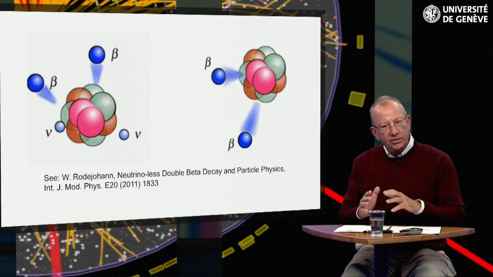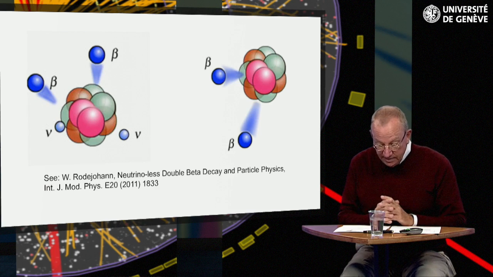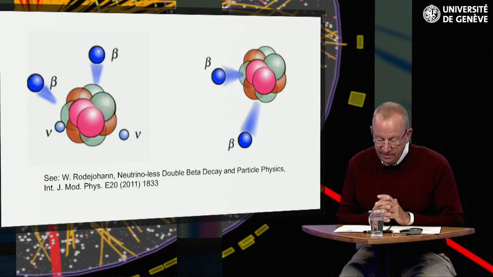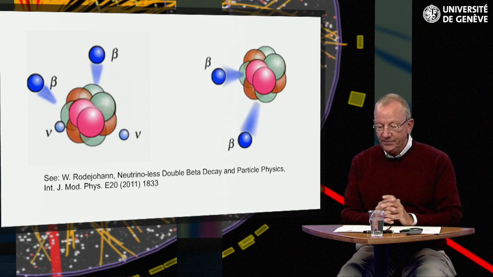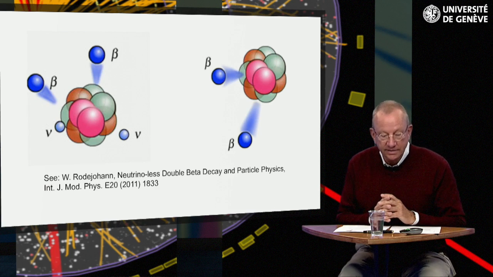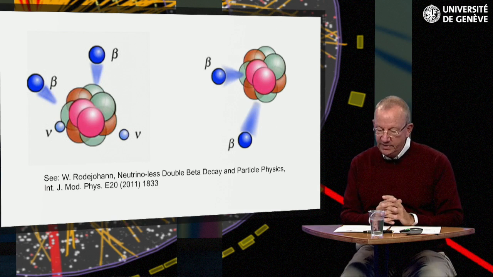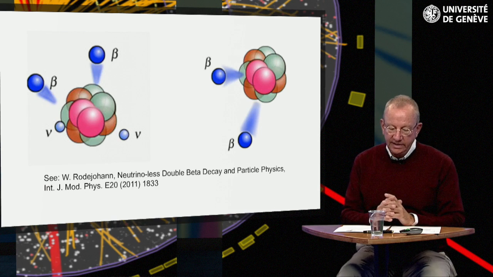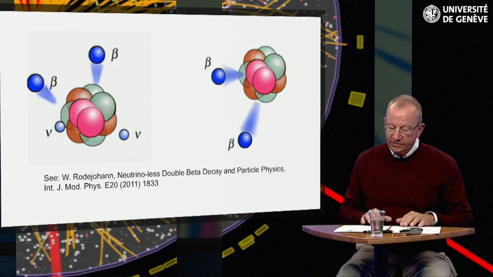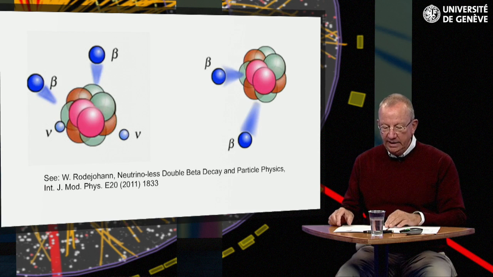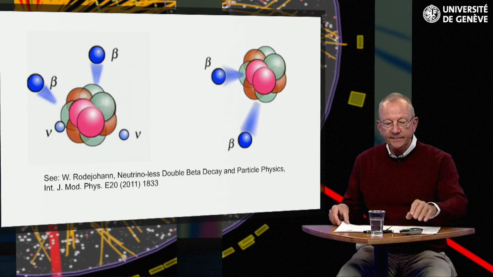If neutrino and antineutrino are really the same particle, one of them can then arrange the lepton number of the other one, such that there are no neutrinos emitted in the process at all. If they are not identical, two neutrinos must always be emitted in the process of double beta decay. For a recent review of the experimental situation, please see the article by Rode Johan cited on the bottom of this slide.